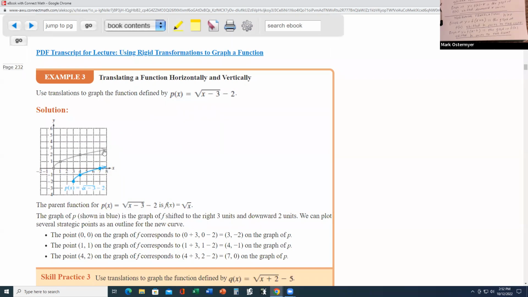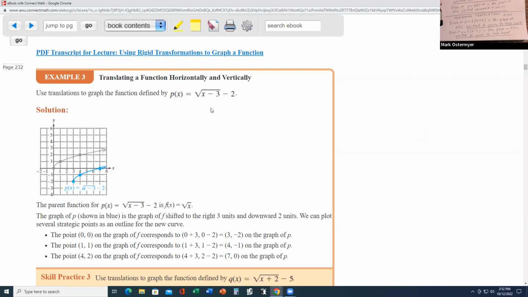If we form a new function from our basic square root function called p of x, which is f of x minus 3, minus 2, what translations will the gray graph experience? First, the gray graph is shifted 3 units to the right, and then it's shifted 2 units downward.